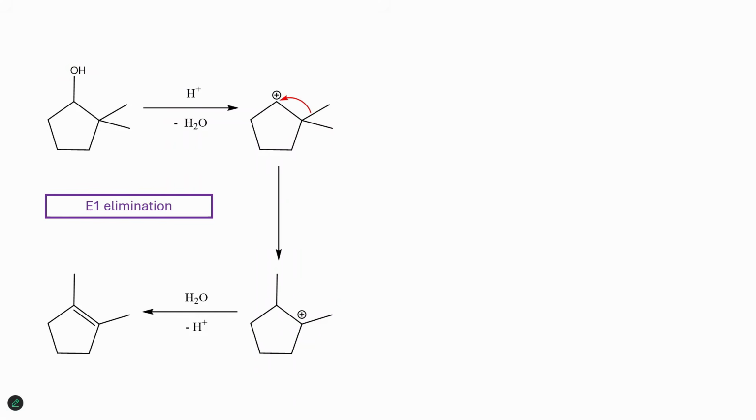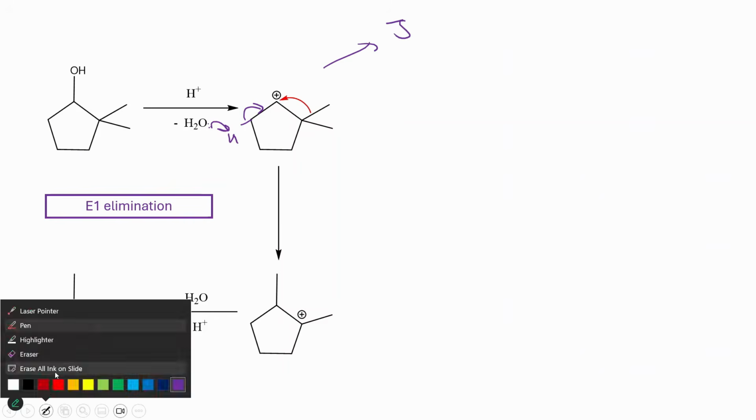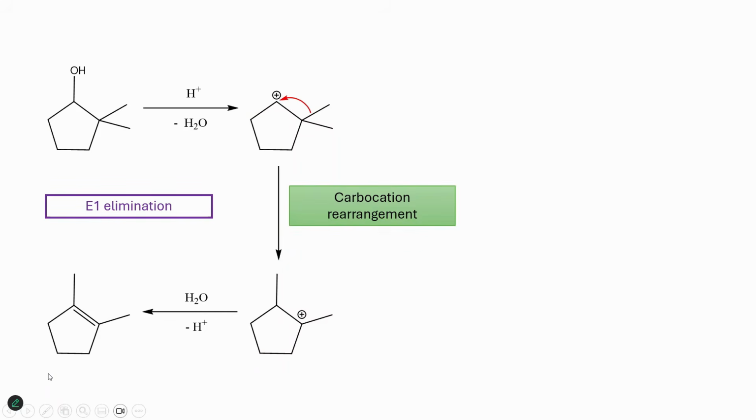Ideally, because we want to get J, the water that leaves can act as a base and remove a proton from here through this reaction, and we can get our J that we actually desire, but that doesn't happen because of carbocation rearrangement.